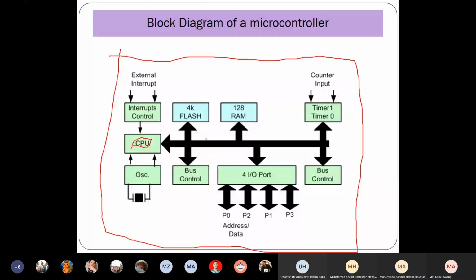Then you have the memory, flash memory, which is flash ROM, and the RAM. Then you have the bus control, and the ports. You also have the timer and counter. This is the clock, and this is the timer. So everything is in one single IC.